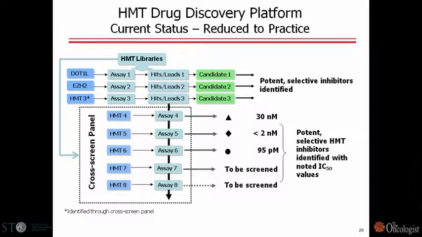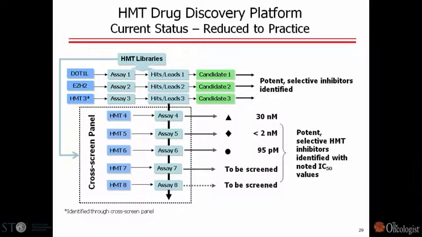We're using high-throughput screening. We're using de novo design. We're using structure-guided design and what we refer to as mechanism-guided design to identify inhibitors of these enzymes and to design analogs of those inhibitors. We take all of that chemical matter and we develop from it an HMT-biased library of small molecule inhibitors.